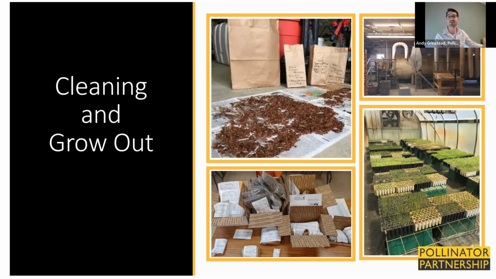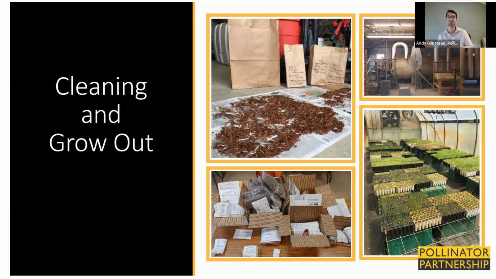Prior to storage and awarding, the collected seed must all be cleansed of dirt, stems, leaves, trash, and unwanted noxious weed species that may have accidentally been included in a collection baggie from the field. Because we have a diverse species mix that we're identifying and collecting, we must also employ a variety of techniques to clean and condition the seed based on shape, size, texture, weight, so many factors.